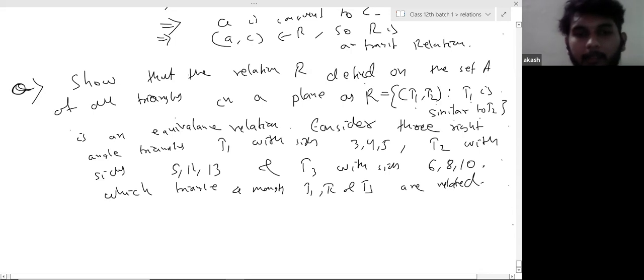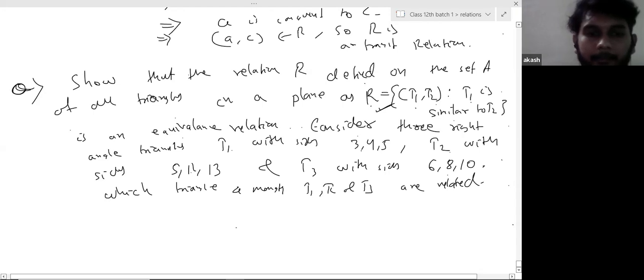If you take two triangles and they are similar, then they belong in R. This you have to prove as an equivalence relation. Consider three right angle triangles: T1 with sides 3, 4, 5, T2 with sides 5, 12, and 13, and T3 with sides 6, 8, and 10. Which of them are related? Related means by this relation.